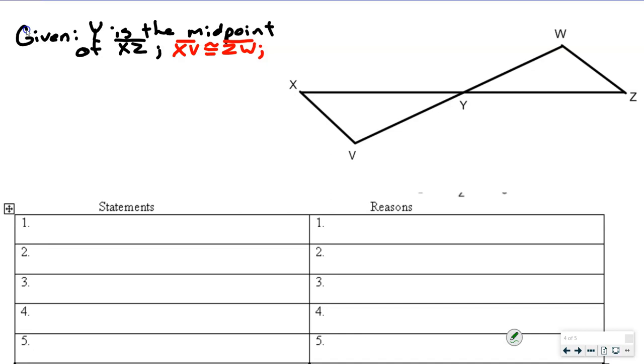And XV is parallel to ZW. So we've actually got three different given information here. And we're going to try and prove that triangle XVY is congruent to triangle ZWY.